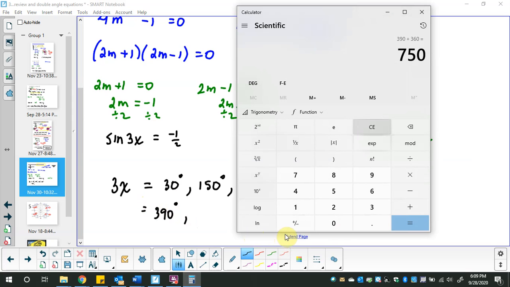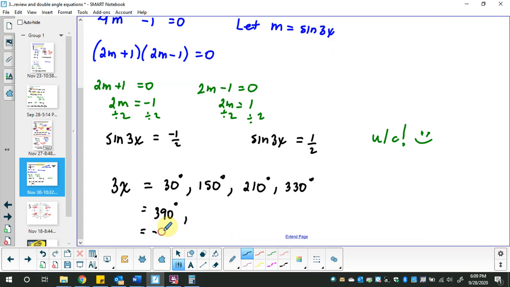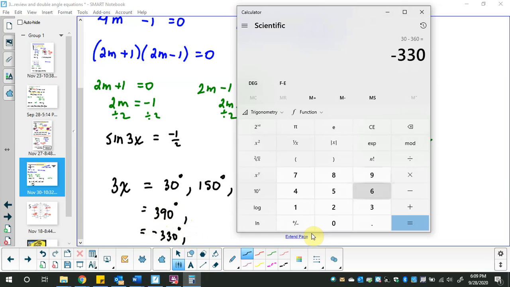Too big. I'm going to start with 30 again, and I am going to subtract 360. And as long as I'm still within -540, I'm okay. So I have to write that down. And then while that's on the calculator, I'm going to subtract off another 360, another rotation. Too big, negative. Now I'm going to do the same thing with 150.